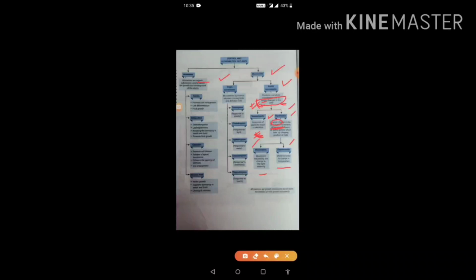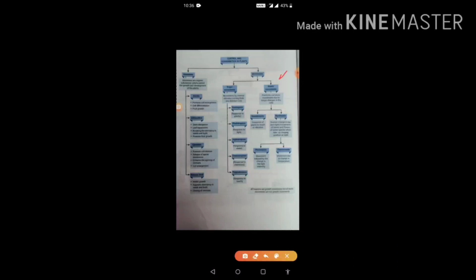Understood? Let us revise what nastic movements are. Nastic movements happen because of internal changes inside the cells, like pressure, because of the turgidity of the cells.